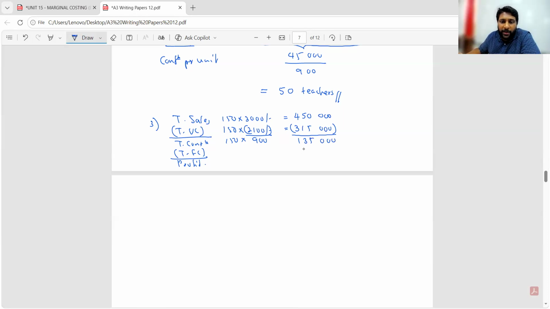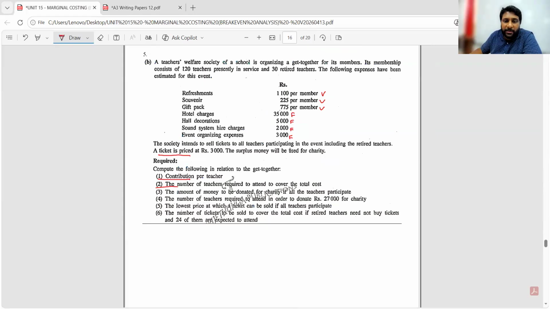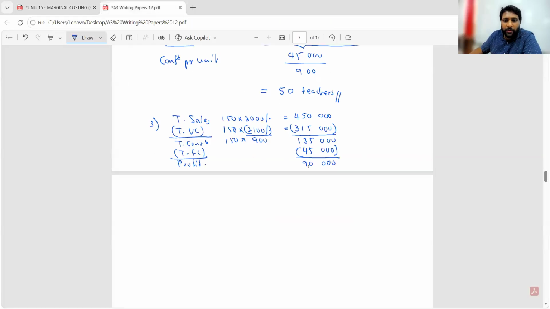The total fixed cost we calculated is 45,000. Then how much is the profit that you can donate? They are telling us that extra surpluses will be given to a charity. 90,000. We can give 90,000 to the charity.